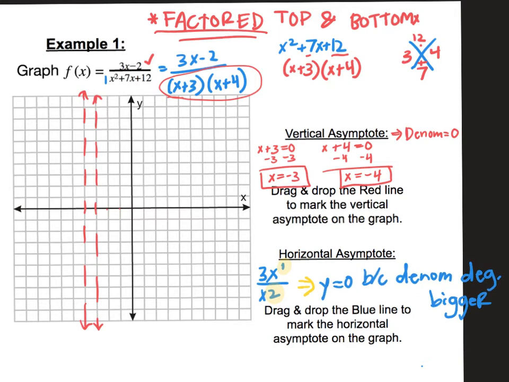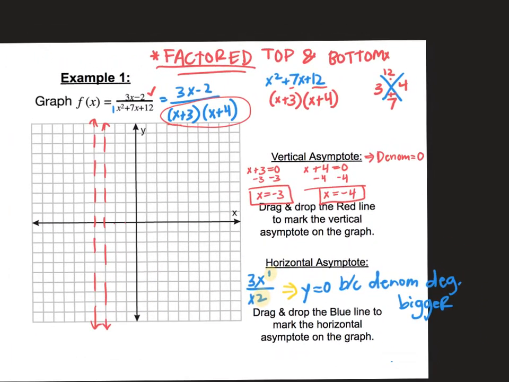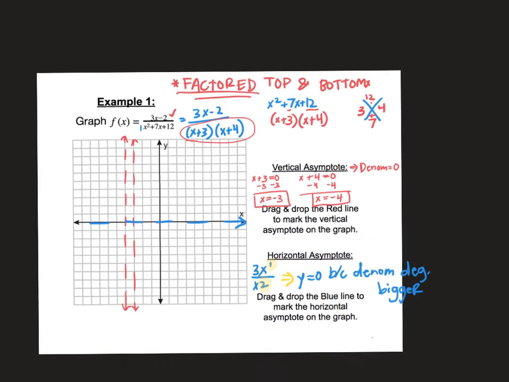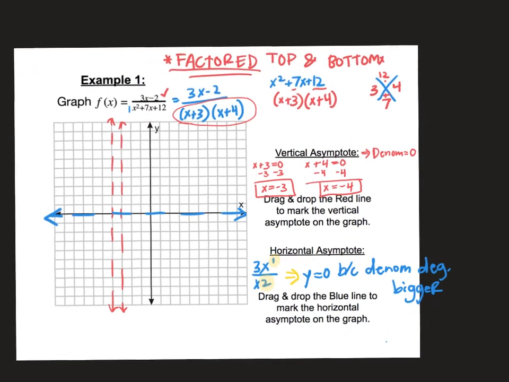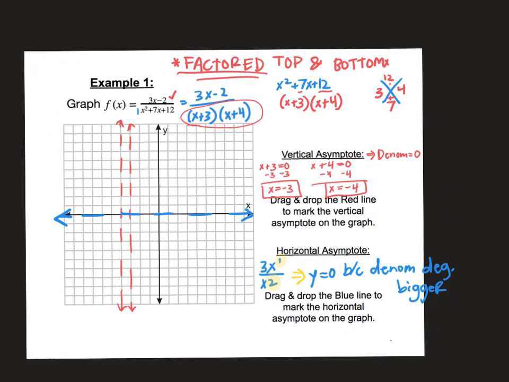So that means that if I go up 0 and I draw a line straight across, that is going to be my horizontal asymptote. Again, our last step is to go ahead and type this into a calculator and see where our curve lies. So I'm going to open up Desmos.